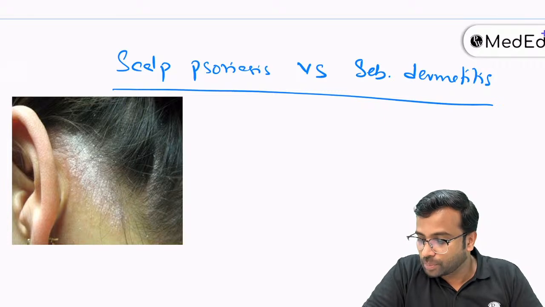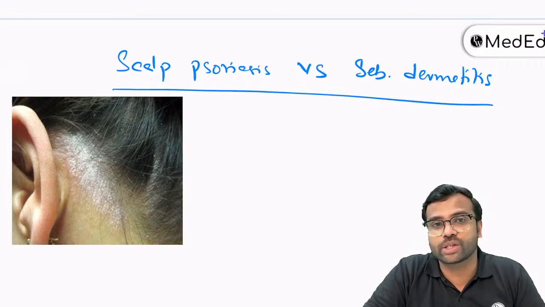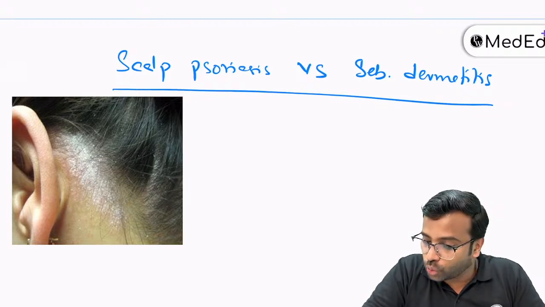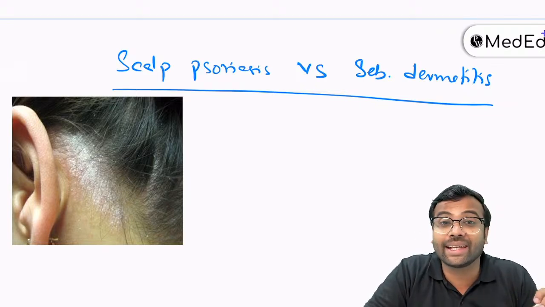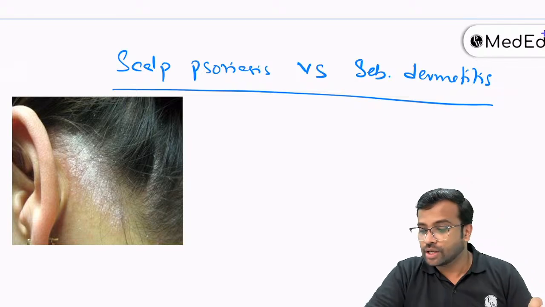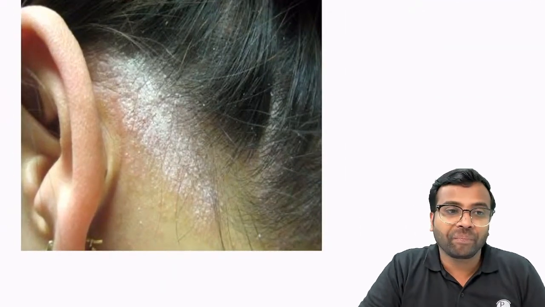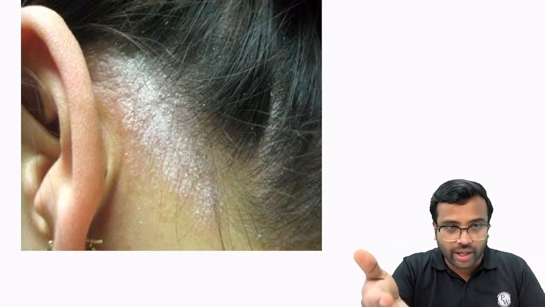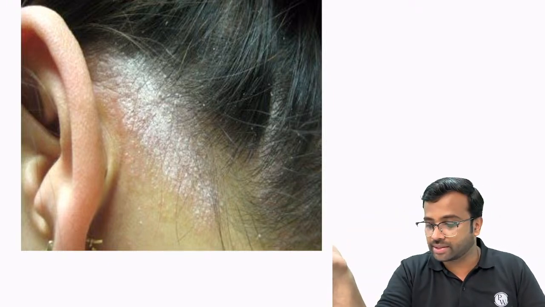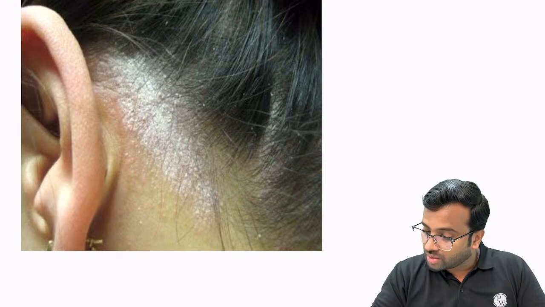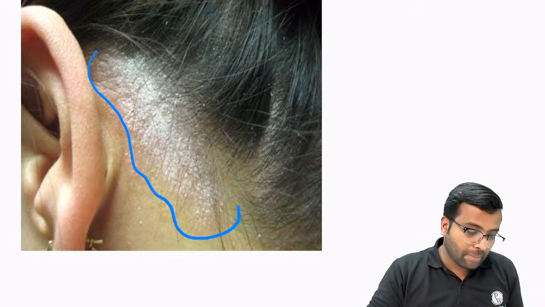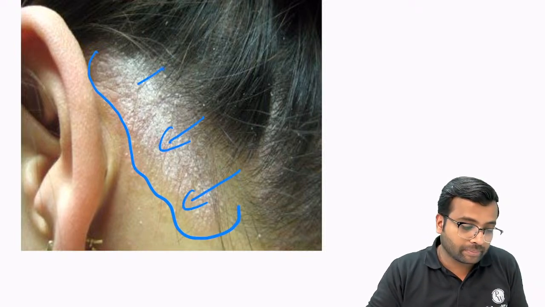So please remember, in the case of psoriasis, do you remember what is the primary skin lesion? In psoriasis, you would be able to see erythematous plaque lesions. So if I zoom this image for you, in this patient my diagnosis would be more in favor of psoriasis than seborrheic dermatitis. The reason is that I can see that the lesion extends beyond the hair margin.